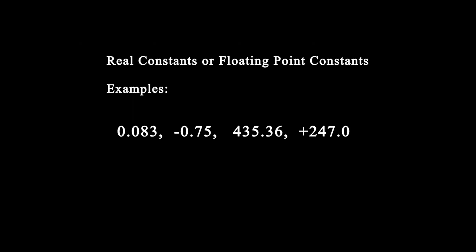Now let's move on to the single character constant. A single character constant, or simply a character constant, contains a single character enclosed within a pair of single quote marks. So when you write a single character or single integer inside quotes, it will be recognized as a single character constant.